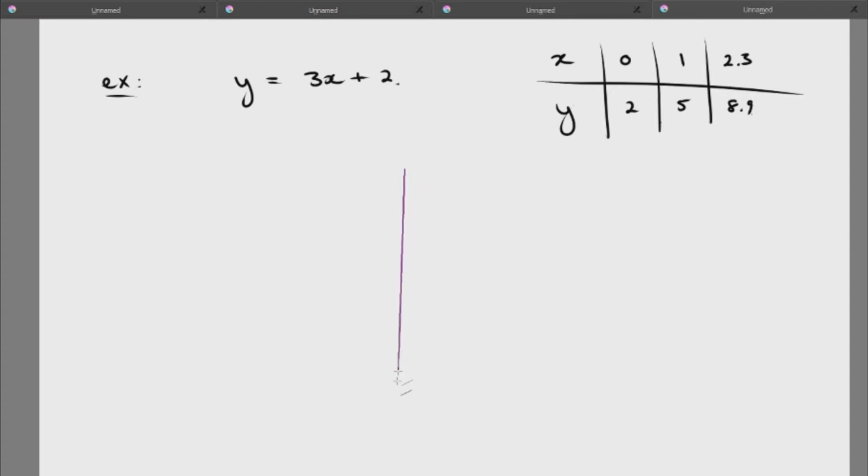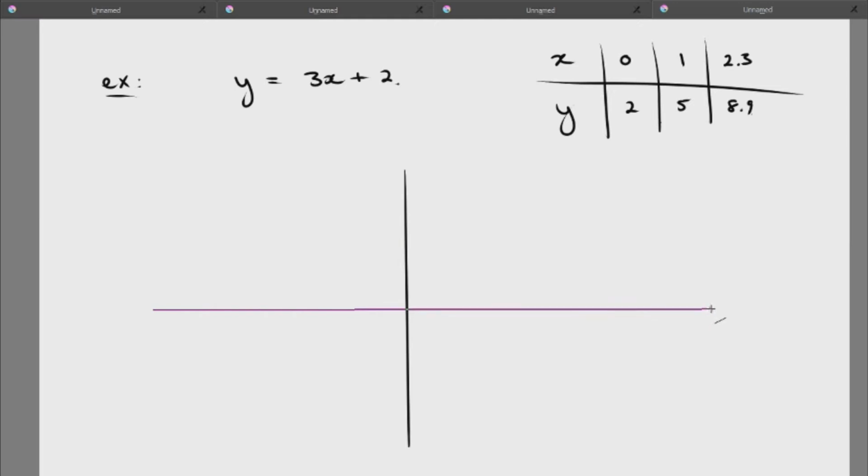If I want to visualize what these sets of points, these pairs of x, y numbers look like, graphically it would be much nicer than a table. So 0 for x and 2 for y is a nice one. I could say here maybe this is 1 and 2 and 3 and 4.